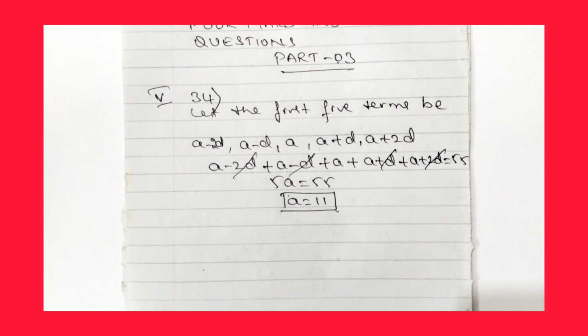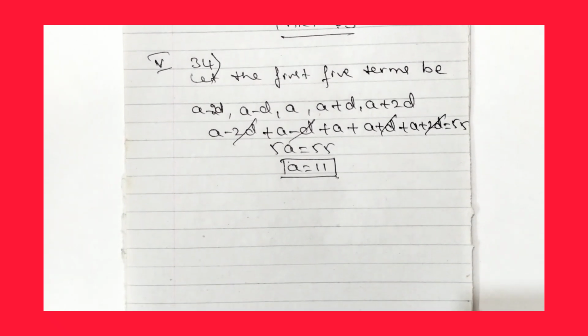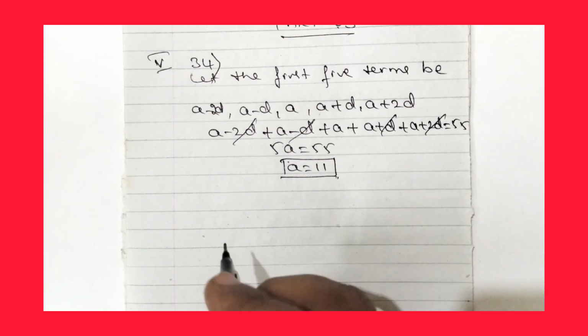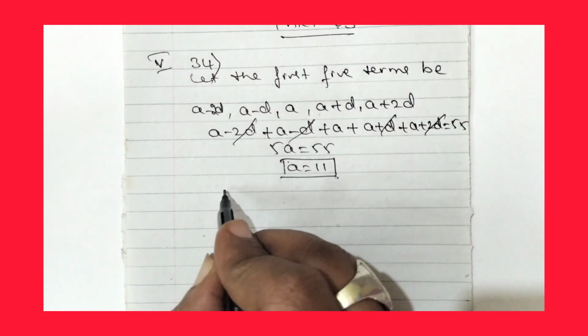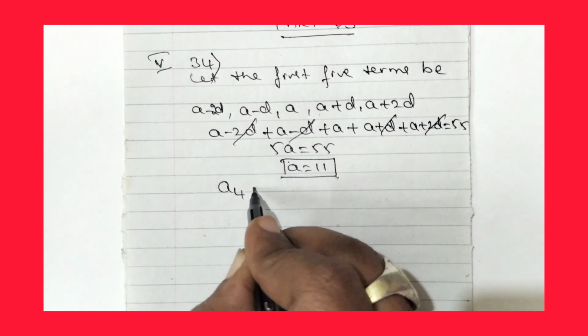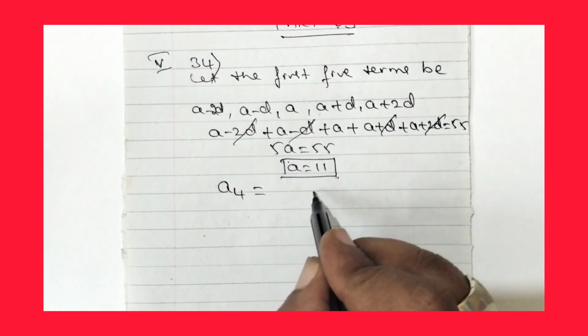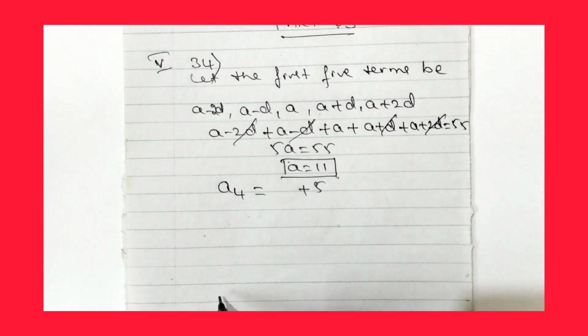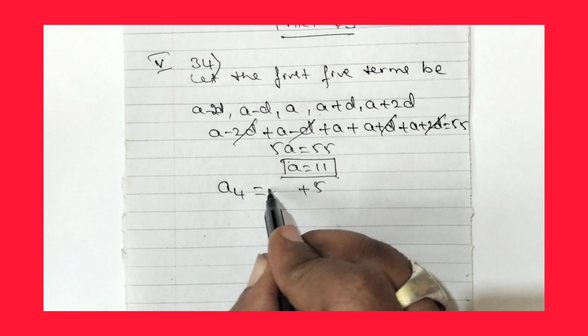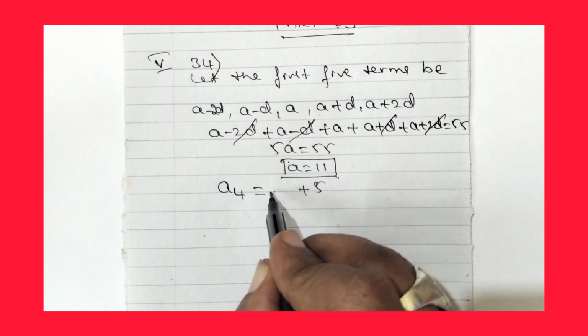5 elevens are 55. So we got the value of a as 11. If the fourth term is 5 more than the sum of the first 2 terms.